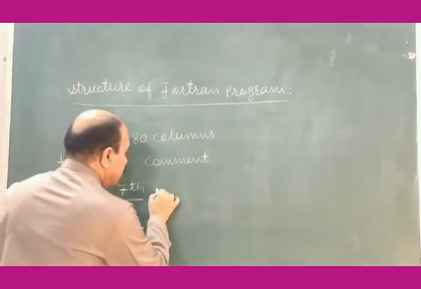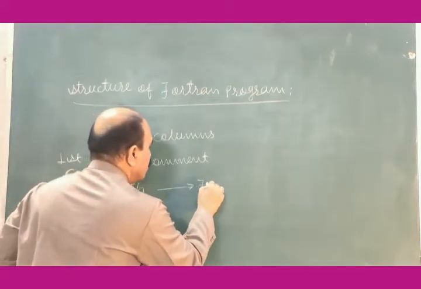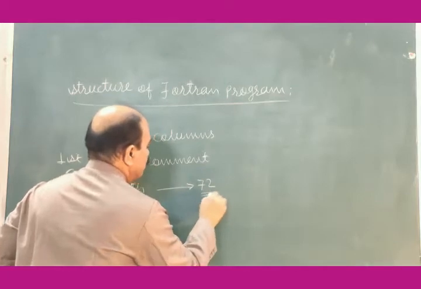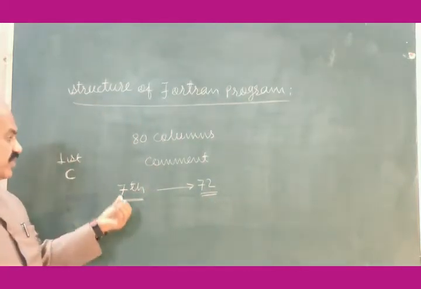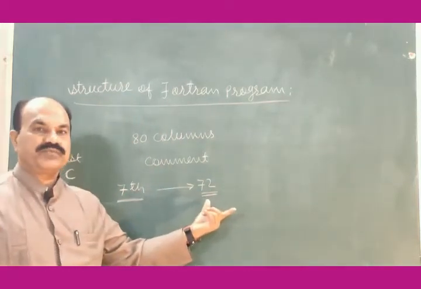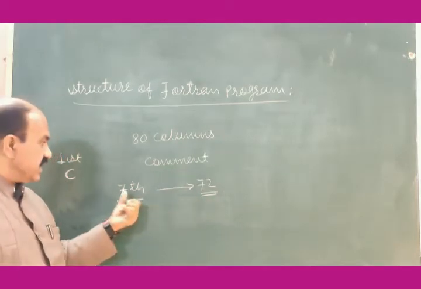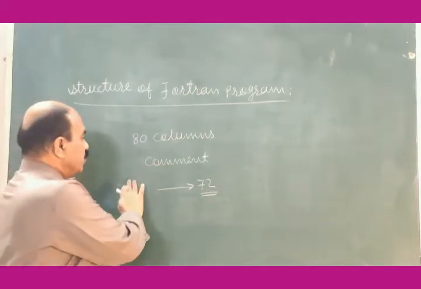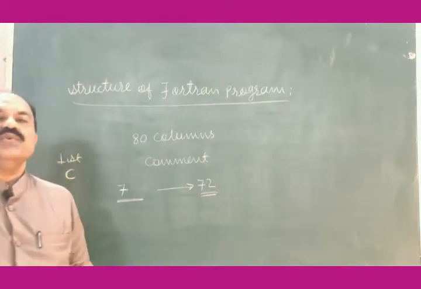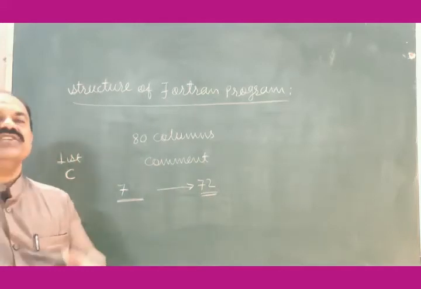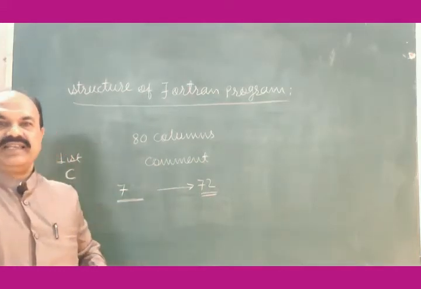From the seventh column to 72. Column numbers 7 to 72 are used for writing the program line.